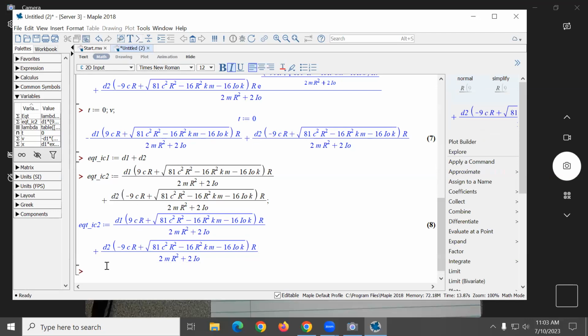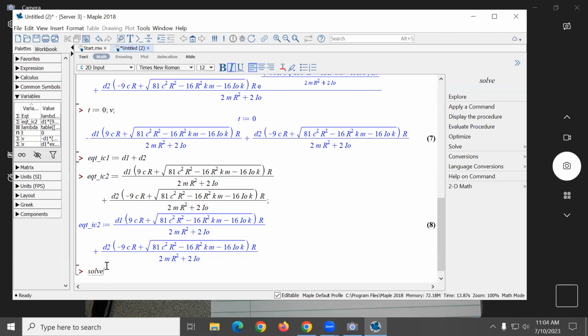Finally, what do we need to do? We use the initial conditions. I don't remember how to do this. I think it's this way. So EQT initial condition 1, EQT initial condition 2, these two equations for D1.